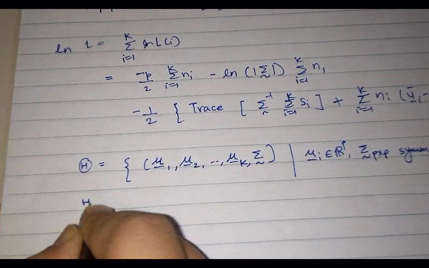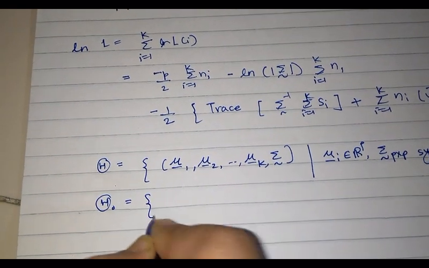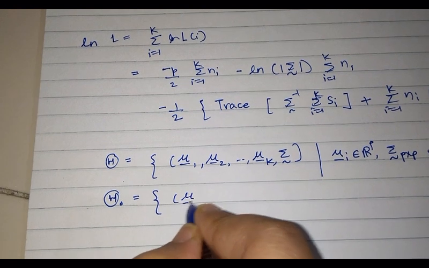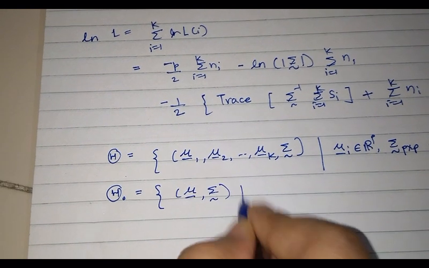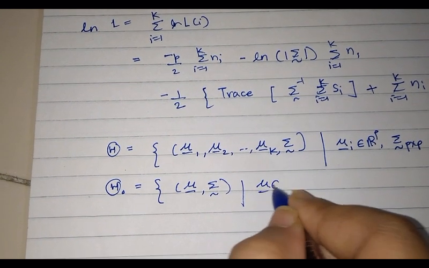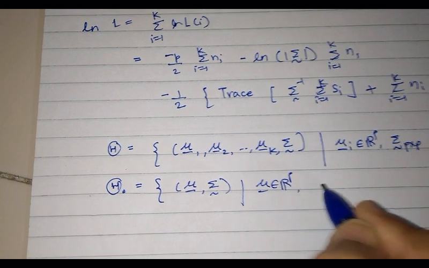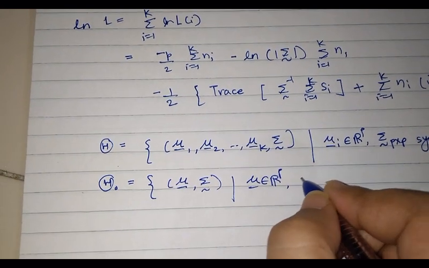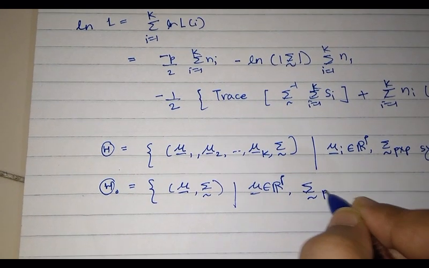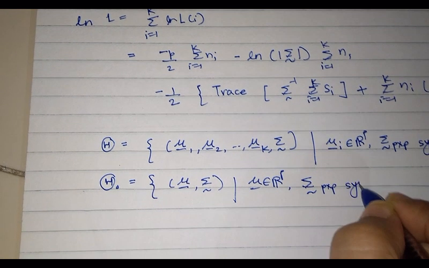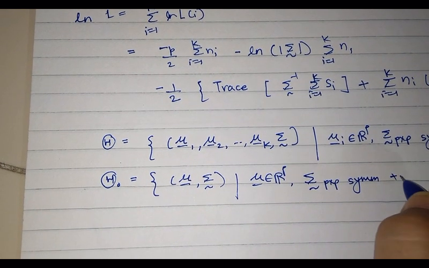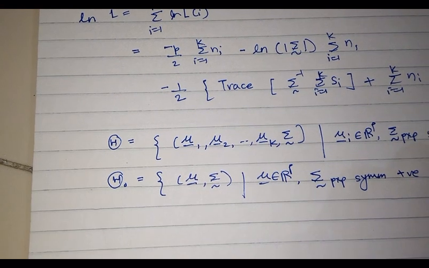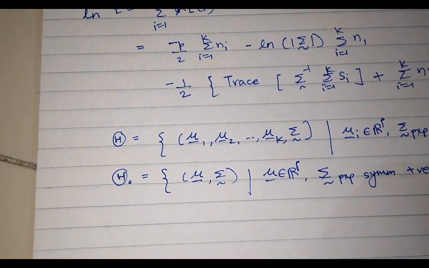And under H0, my parameter space reduces to script theta naught, which is a common mu and common sigma, where mu belongs to R^p, because under H0 we assume that all the means are the same, and sigma is again a p cross p symmetric positive definite matrix.